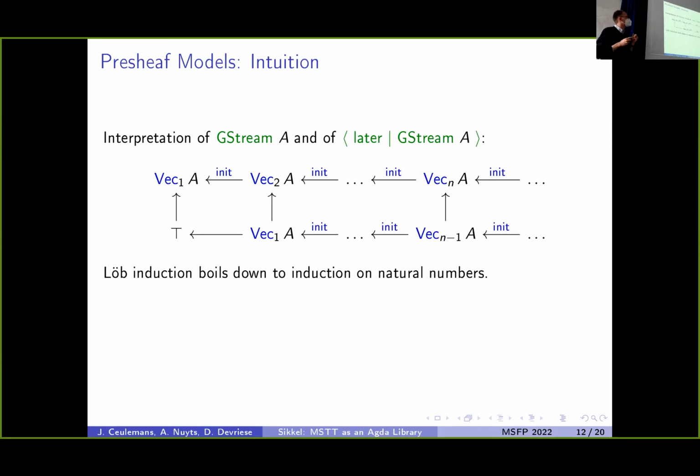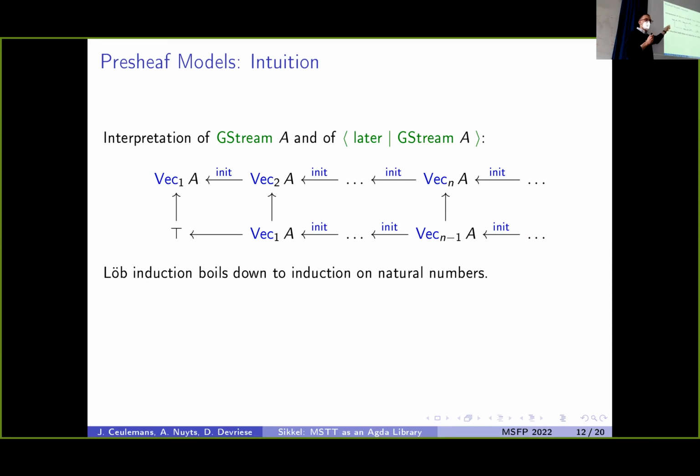It also becomes easy to interpret loop induction, because when we try to define a guarded stream by loop induction, we can use a variable of type later gstring in a context. So we get a situation like this. Now we need to produce values of all of these Agda types, but that's easy because you can start with this unit type that has just one element.